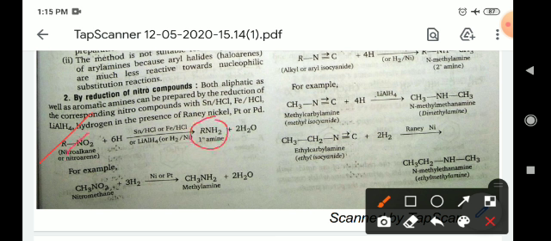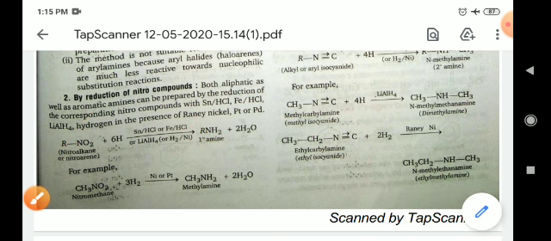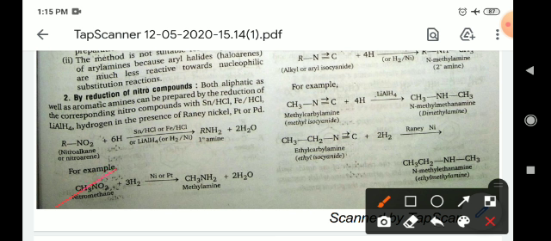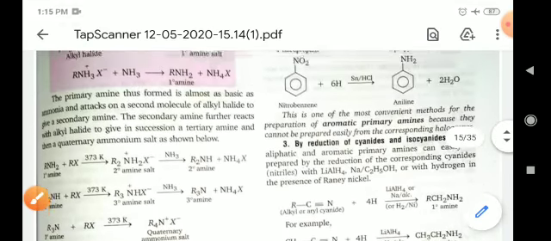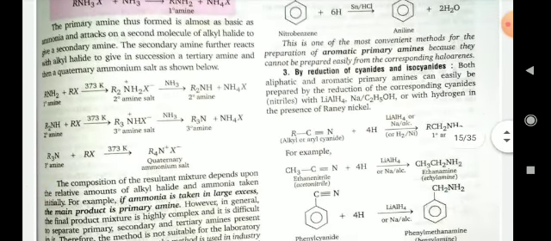You can see here this nitro group is converted into an NH2 group, because the reduction process occurs, meaning oxygen is removed and hydrogen is added. Another example, CH3NO2: if you take CH3 in place of the alkyl group, then methylamine will be formed.